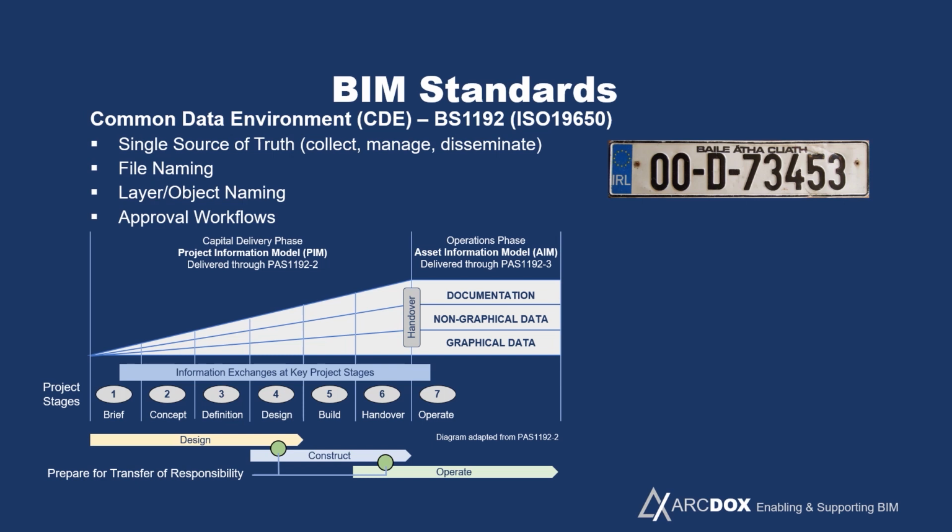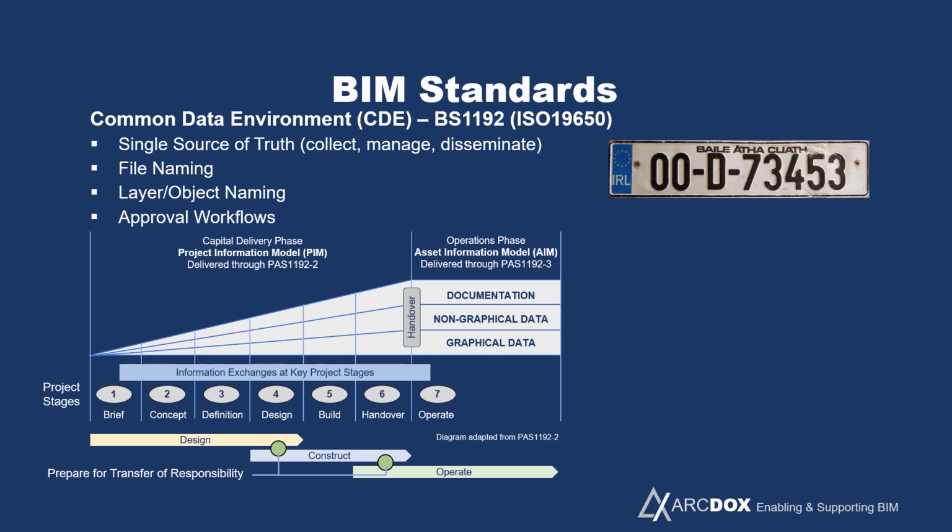A very important part of the way in which the common data environment functions is the file naming. And it's like a license plate on a car, which is a series of codes that tell you certain things about that car, like what country it's in, what year it was registered, which county it was registered in, a unique number for each car, so that when cars are driving by, you can gather this information without stopping the car and opening the bonnet and looking inside.